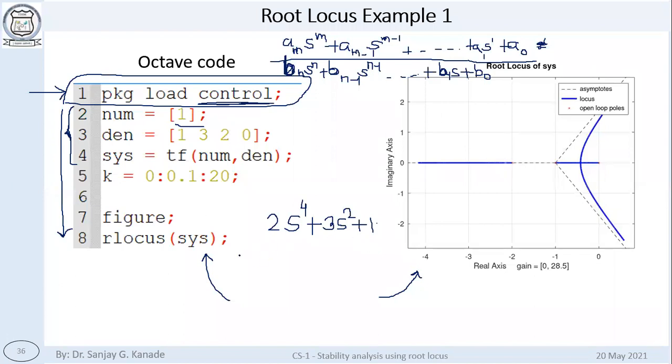We have to take 2, then 0, then 3, then again 0, then 1.